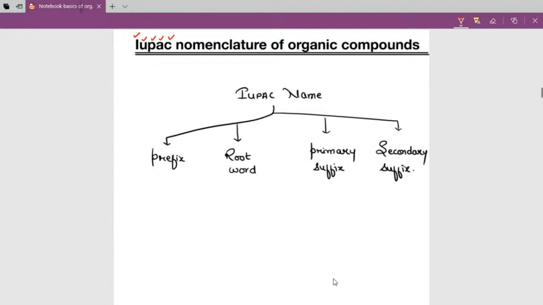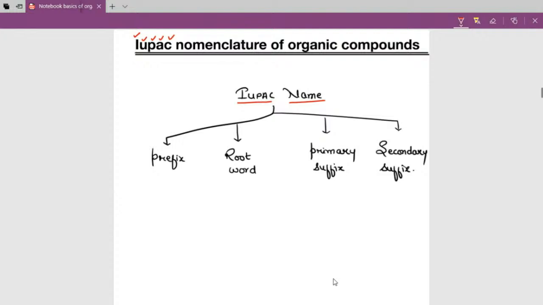We needed IUPAC names desperately because there are so many molecules. If I go by trivial names, it won't be of much help because that would depend on language to language, region to region. Something that in English is called lemon, in Hindi is called nimbu, and in other languages could be called anything else.